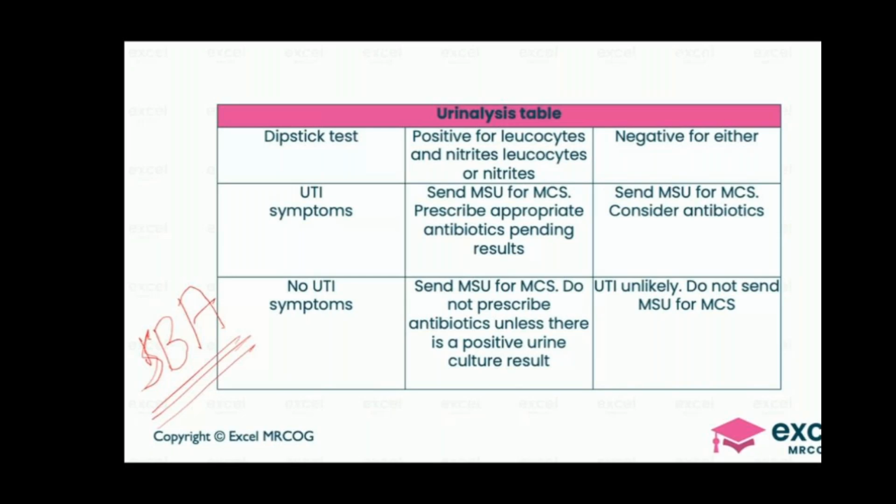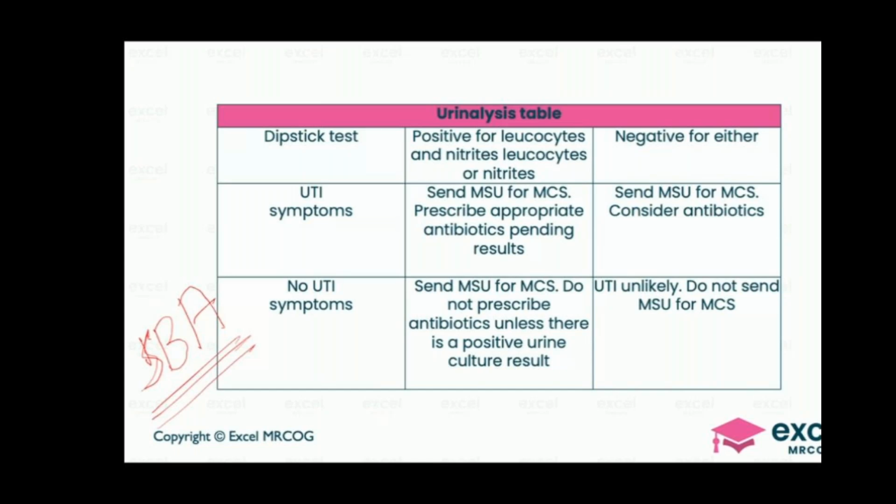Okay. Now, if you have a positive test for leukocytes and nitrites, what do you do? She has UTI symptoms and she is positive for leukocytes and nitrites. In that case, you would send her midstream urine for culture and sensitivity.